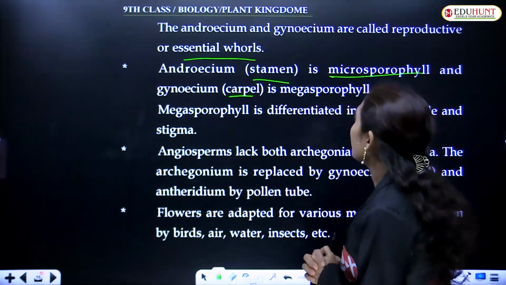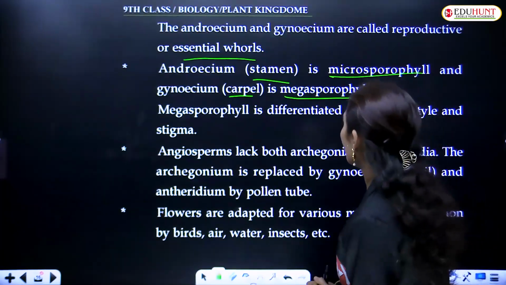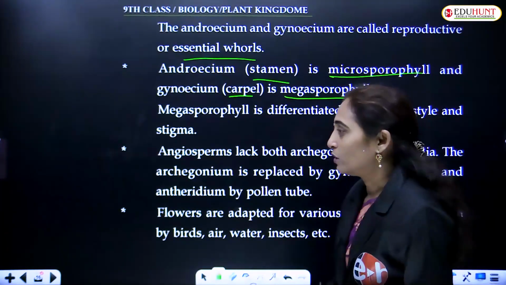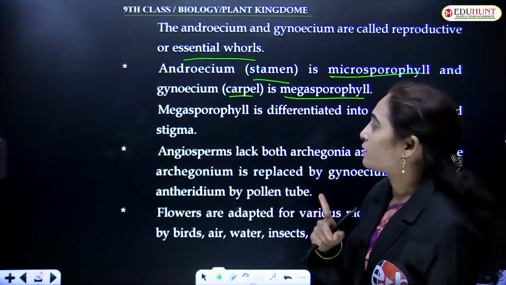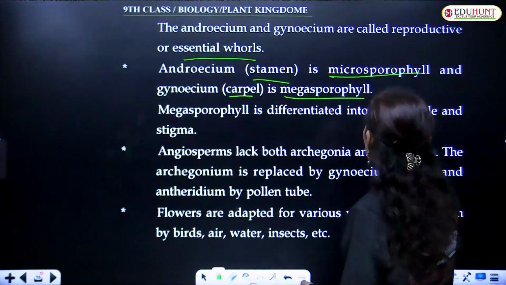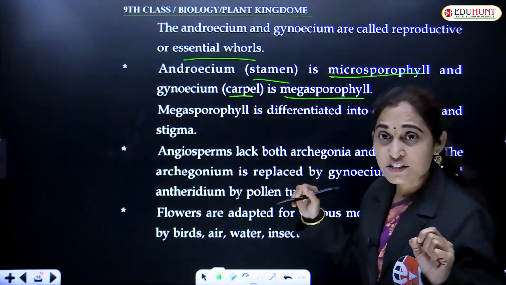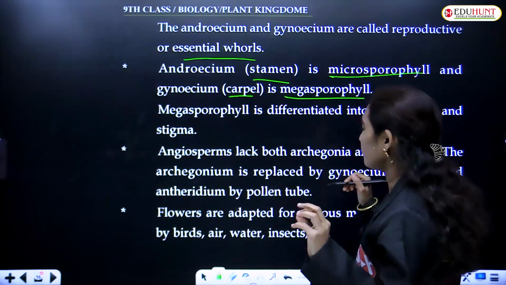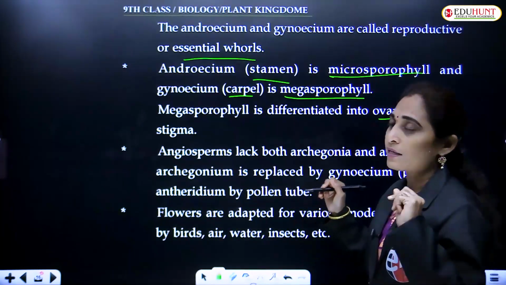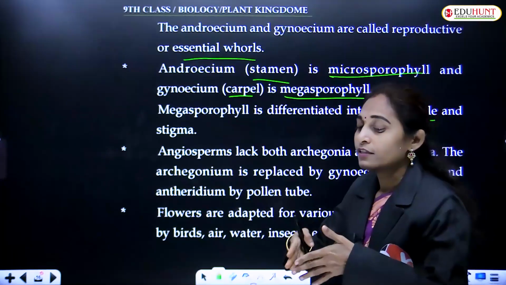Carpel is the modified megasporophyll. So the megasporophyll is differentiated into ovary, style, and the tip called the stigma. The basal, swollen, broad region of the gynoecium is the ovary.